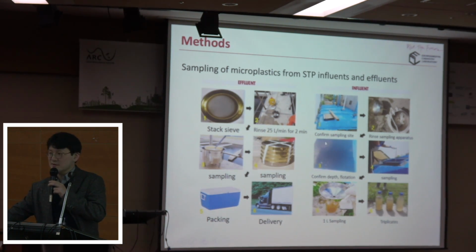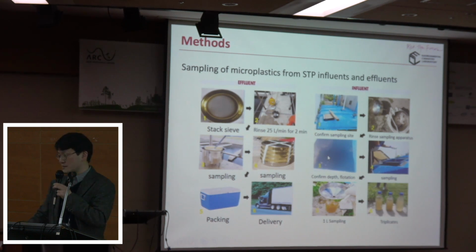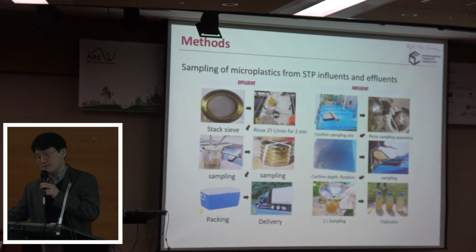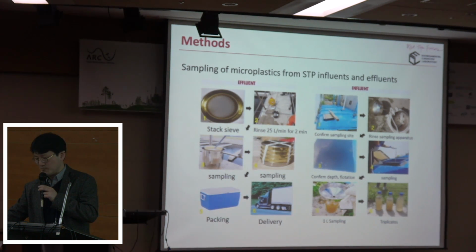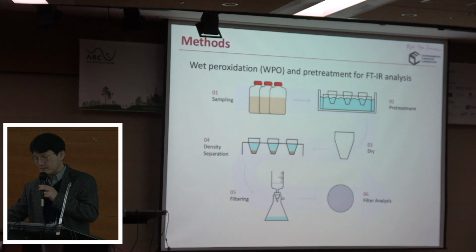In the case of influent, where the concentration of microplastic is much higher than in the effluent, we mix the influent storage tank and then sample roughly 1 liter in 3 bottles, and take a small portion from the 1 liter to identify microplastics from wastewater influent.